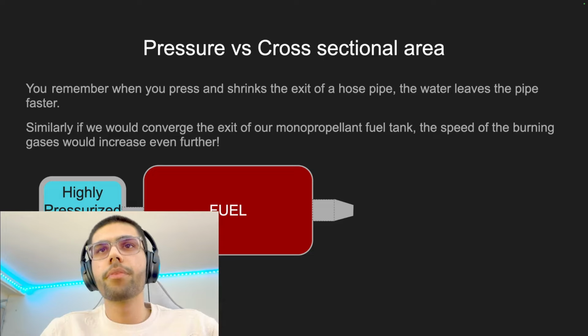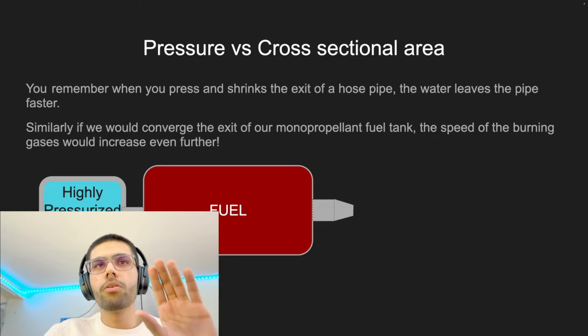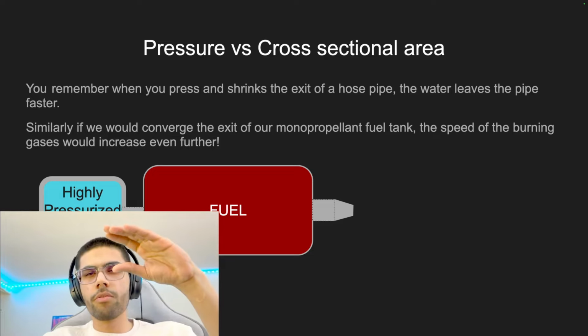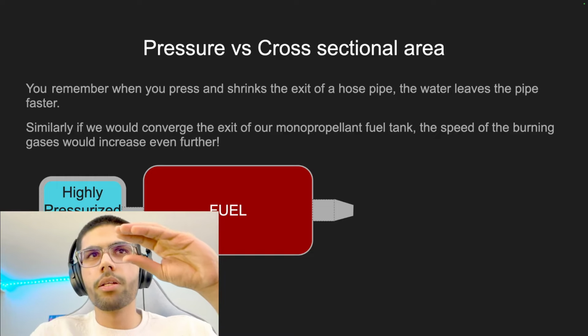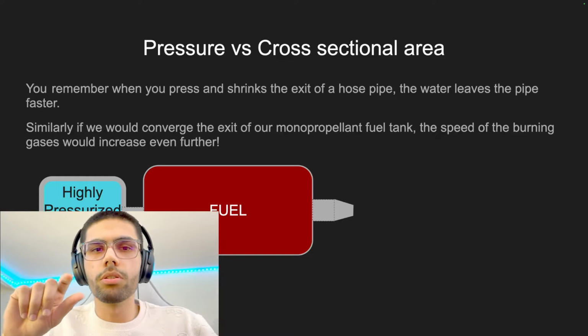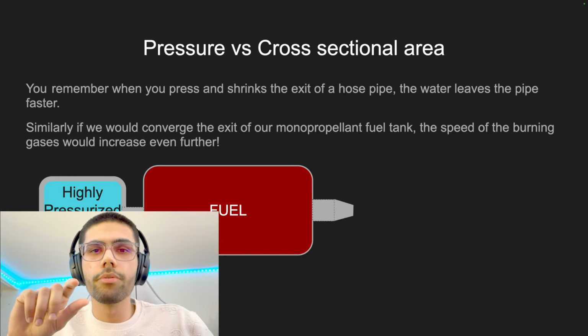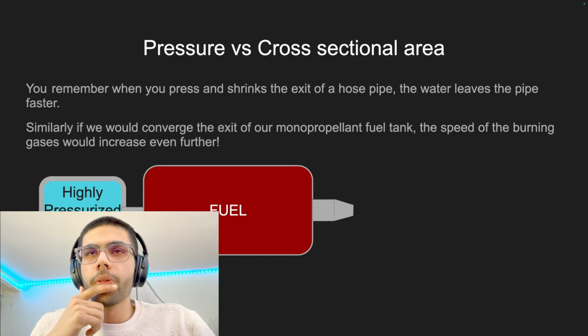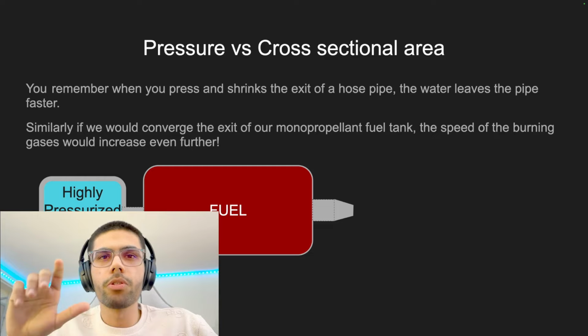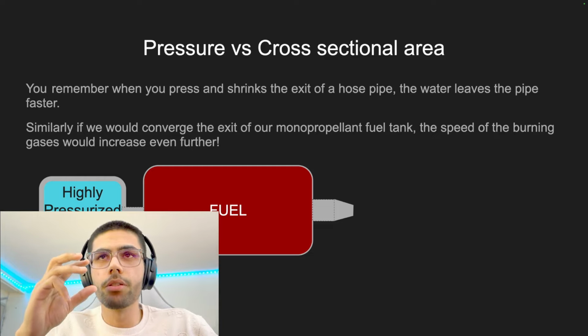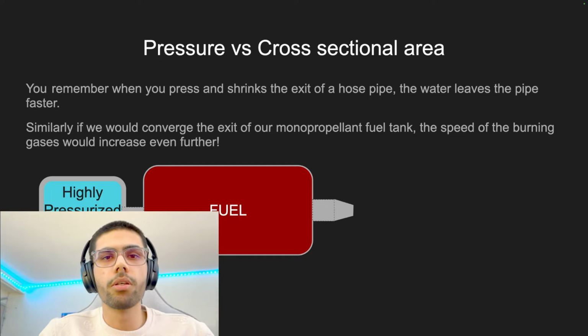But now I have a question. Can you keep on converging it further and further, just like the hose of a water pipe? Or is there going to be a point beyond which, even if you shrink it more, the velocity doesn't increase?